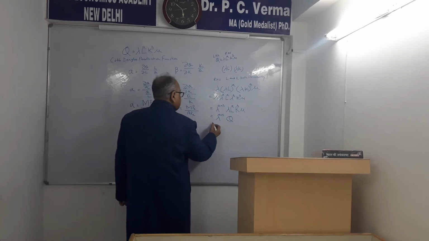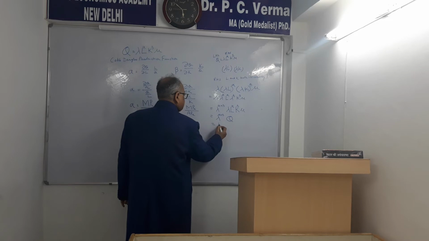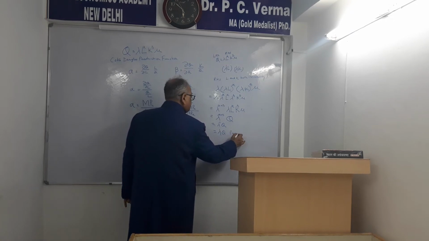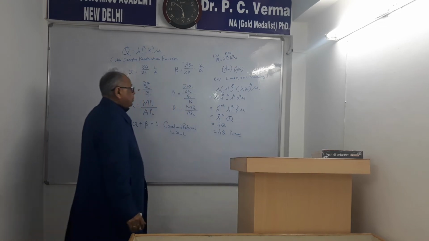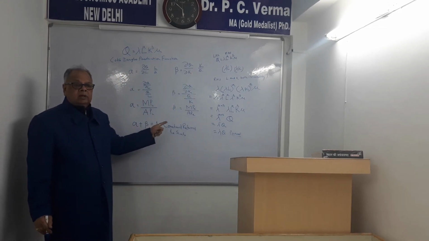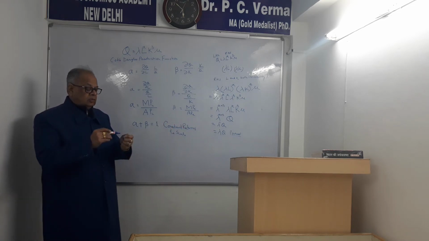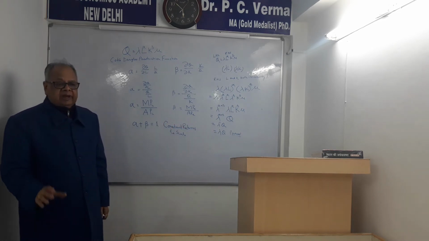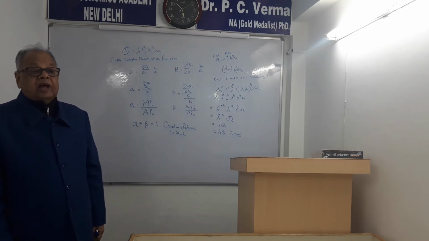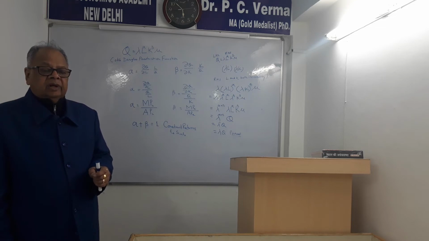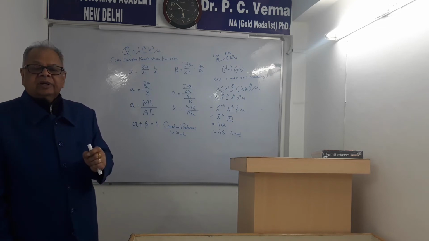So you can write here, or you can write finally lambda Q. Proved. Finally we will get lambda Q. Then it is proved that Cobb-Douglas production function operates under law of constant returns to scale.